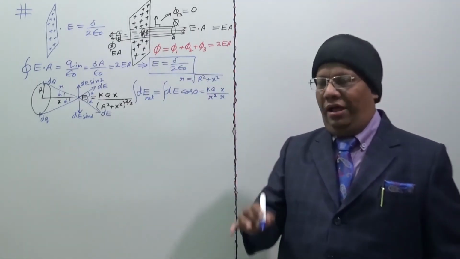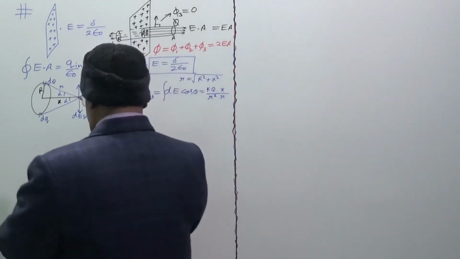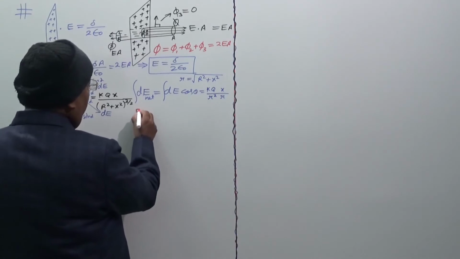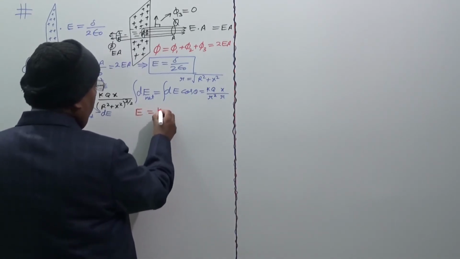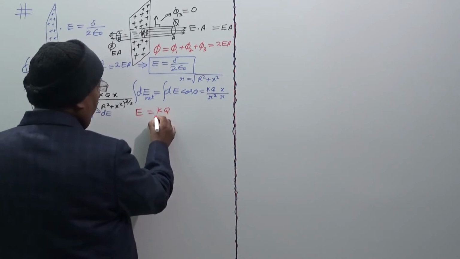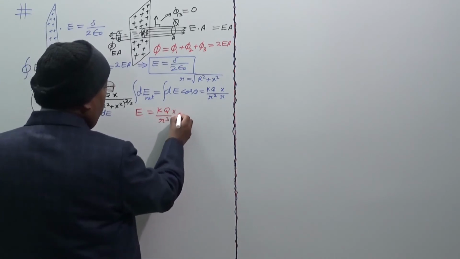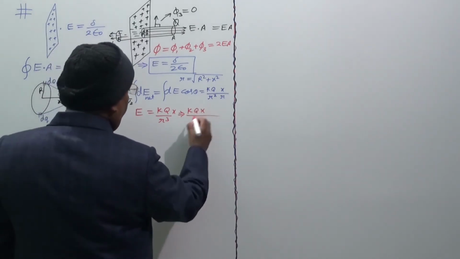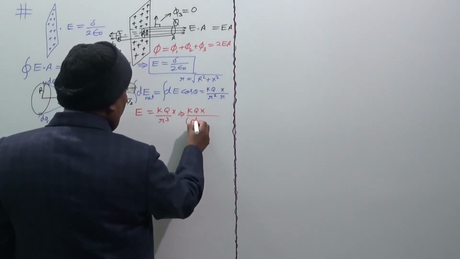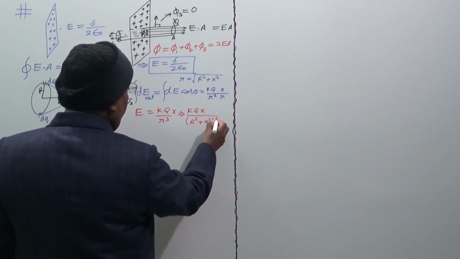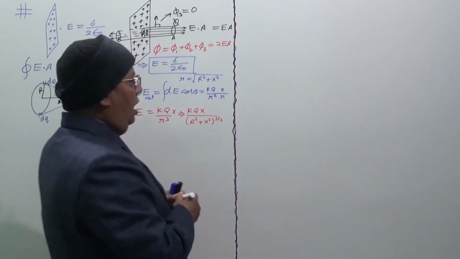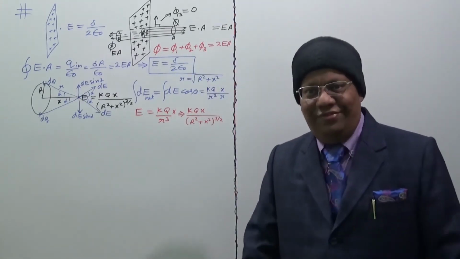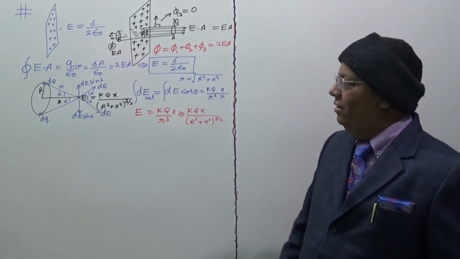Potential is KQ upon R. So you must get here E is equal to KQ by R cube X. In turn you can write it as KQX upon (R square plus X square) power 3 by 2. I know very well that you know this also.